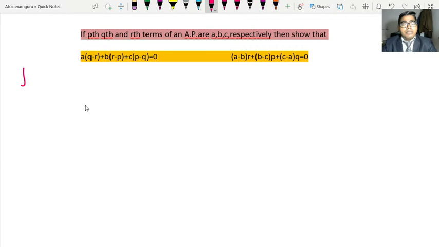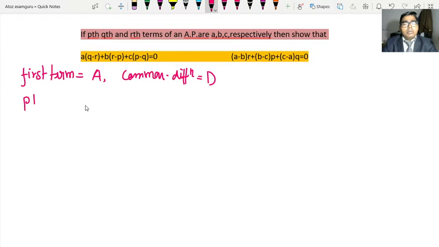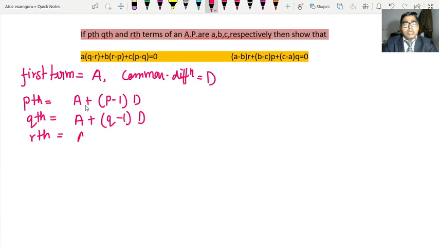The first term is a, and the common difference is capital D. So the pth term equals a plus p minus 1 into d, and the qth term is a plus q minus 1 into d, and the rth term is a plus r minus 1 into capital D.